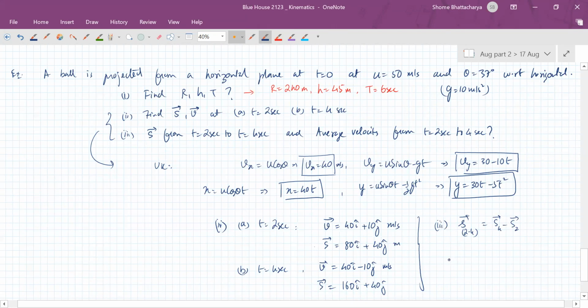And the average velocity from 2 to 4 seconds will be the displacement from 2 to 4 seconds divided by the time interval. Yes, sir. Done.